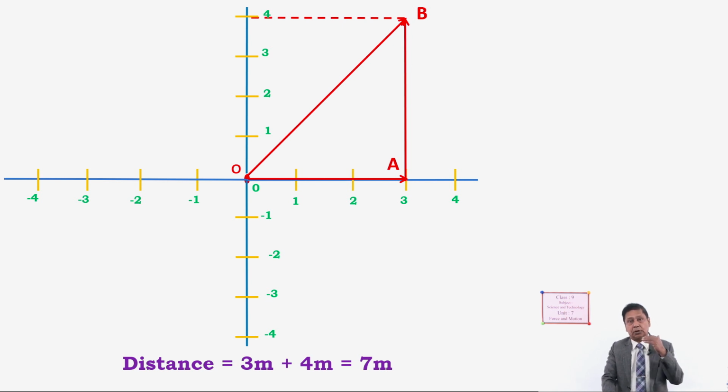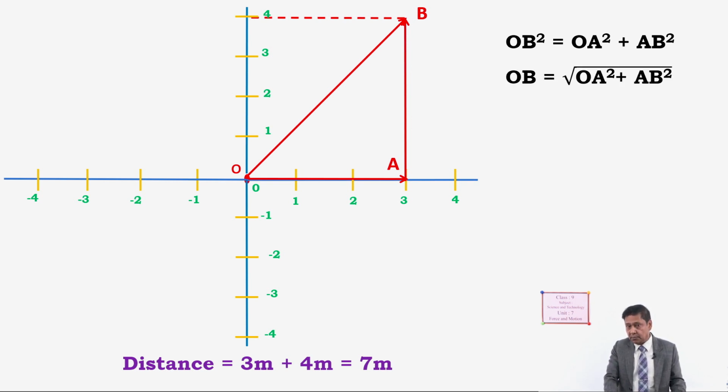We have to use some formula to get the displacement, and this is the formula. Pythagoras formula, OB square equals OA square plus AB square. Hypotenuse square equals base square plus perpendicular square. This can be converted to OB equals root over OA square plus AB square.